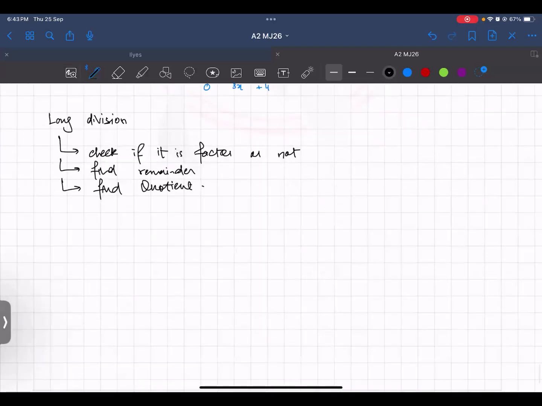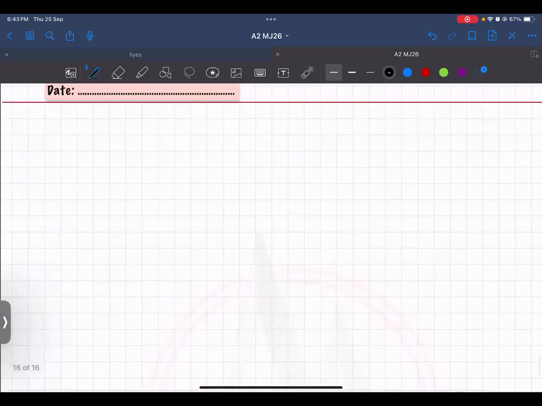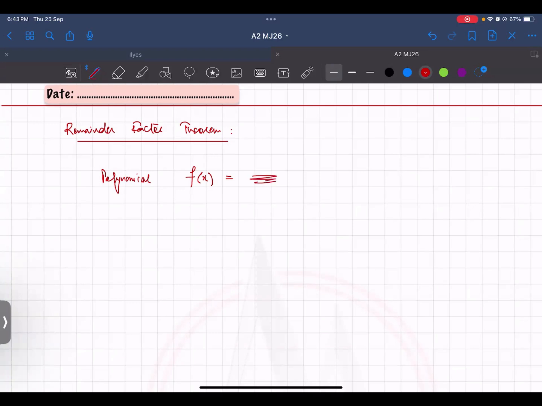But there's one more thing that is included, which is the remainder factor theorem. What is this? This theorem tells us that if you have a polynomial f(x), which can be any polynomial, cubic, quartic, anything, and they have given you a divisor, they are asking you to divide.